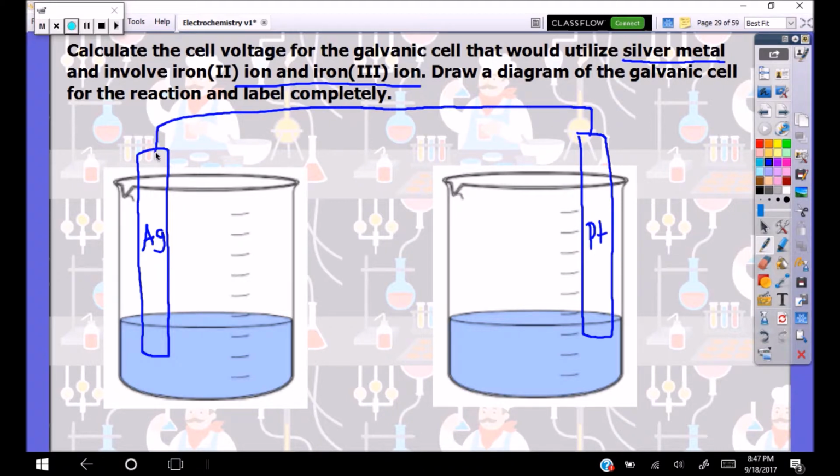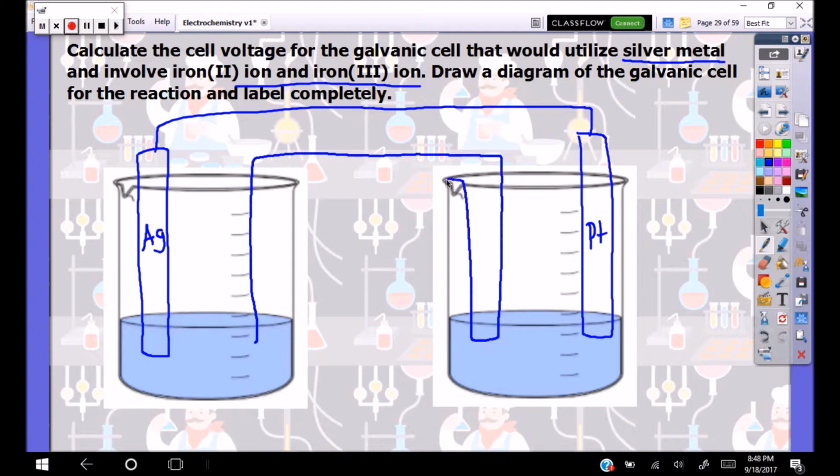So as it stands, the flow of electrons can only go from anode to cathode, but there's no way for them to make it back, and the balance of the solution would not remain neutral. So we need to add our salt bridge, okay? So the salt bridge. Looks something like this.